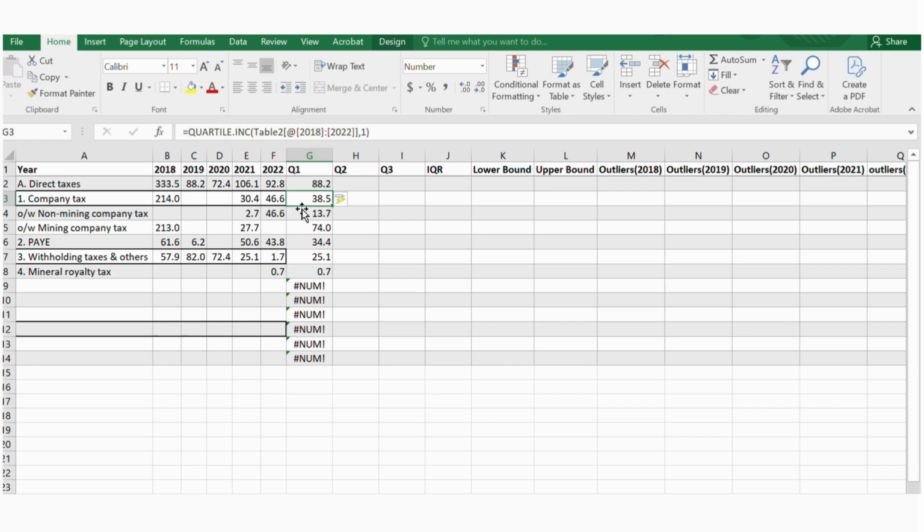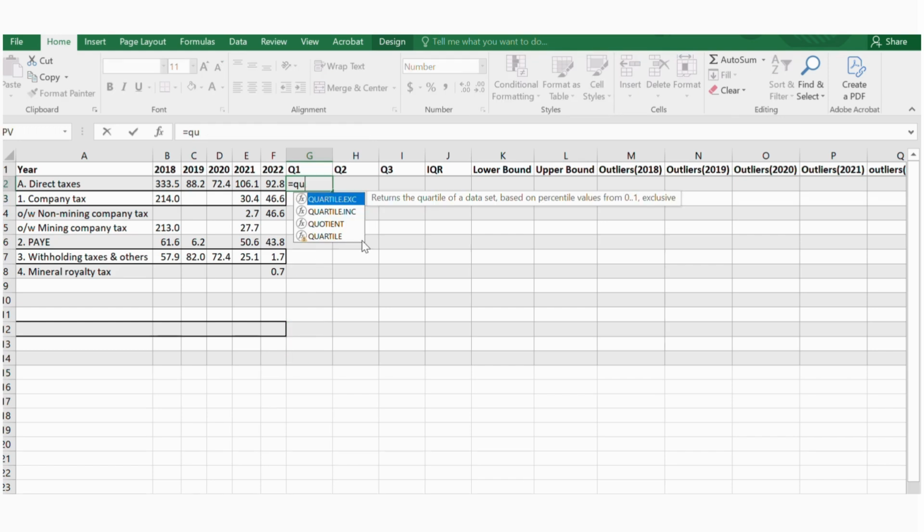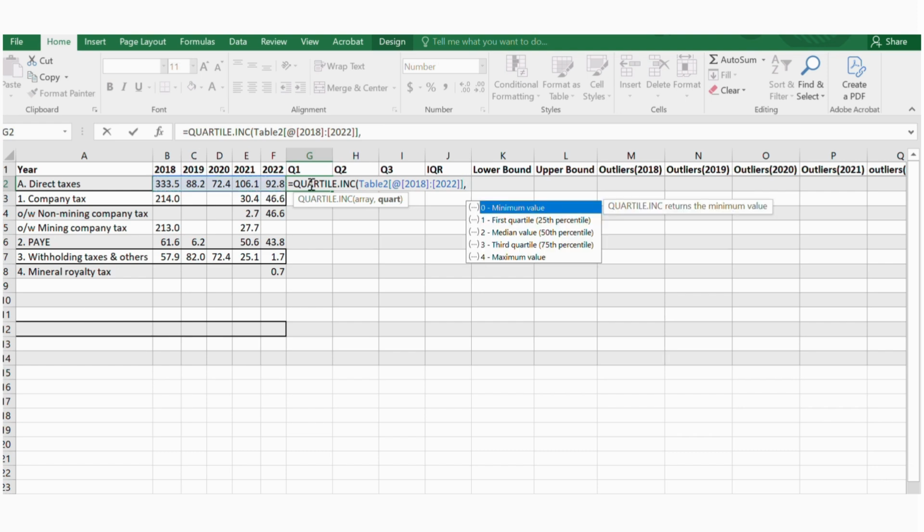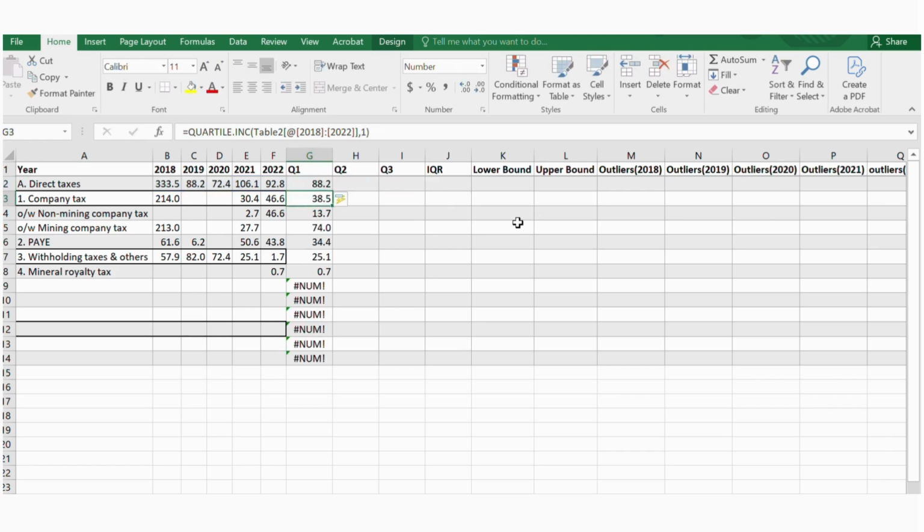So our quartile 1 is going to be equal to QUARTILE.INC. Then our data range will be from 2018 to 2022 for direct taxes, by the way. Then comma, we're looking at the first quartile, so it's going to be this. Then you close it off, and there we have it.